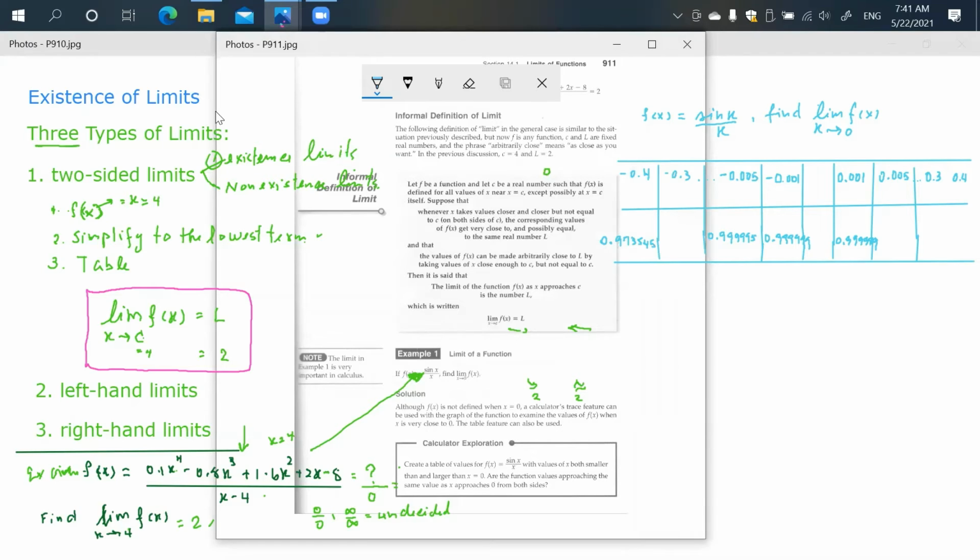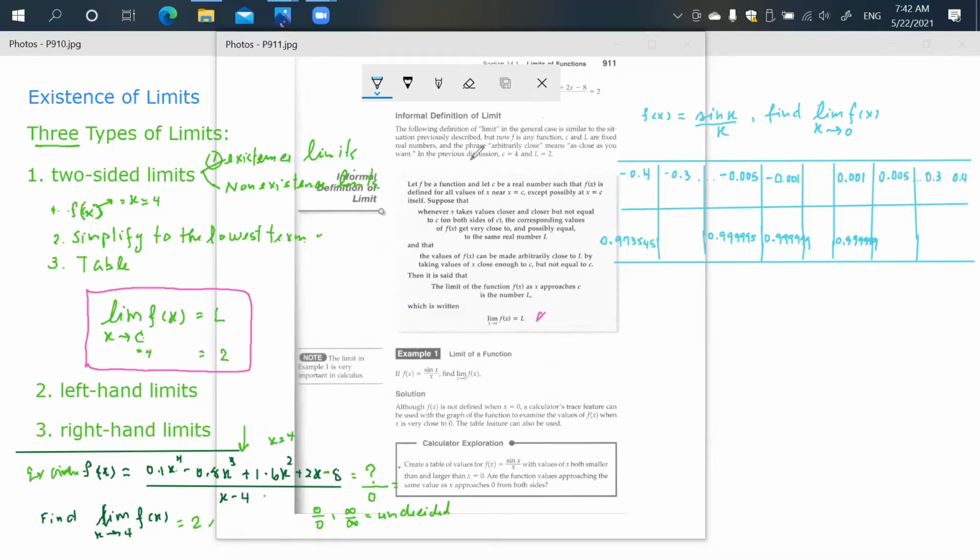Now the next example is this one. So I have to erase the thing first, okay? Erase the previous one. You see now this formula we learned last lesson, right?